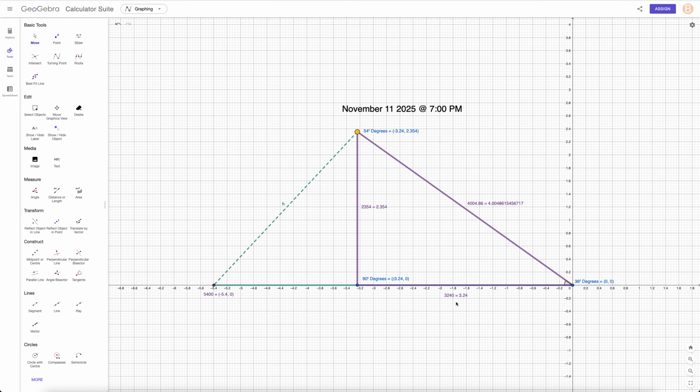Now, just to show you can do this, just so people are aware of this. If I want to know the length of my hypotenuse, the length of this line, I can use the length of this one here and the angle, 36 degrees here and 90 degrees here, to determine that that's 2,354 nautical miles. I said statute earlier, I meant to say nautical. And this is 3,240 nautical miles.